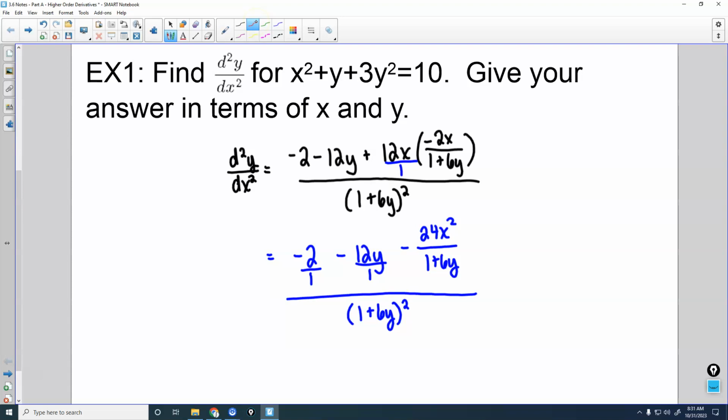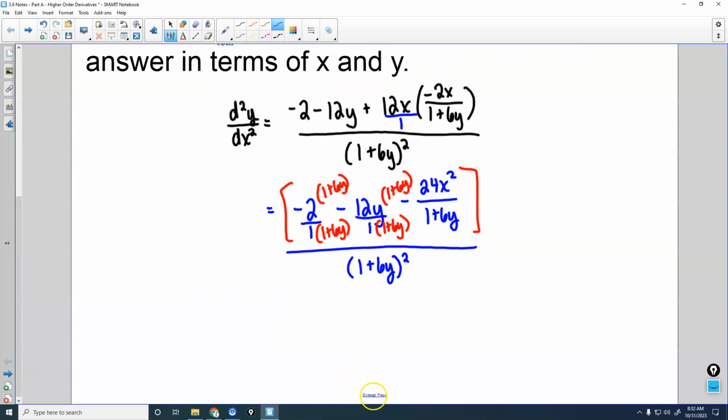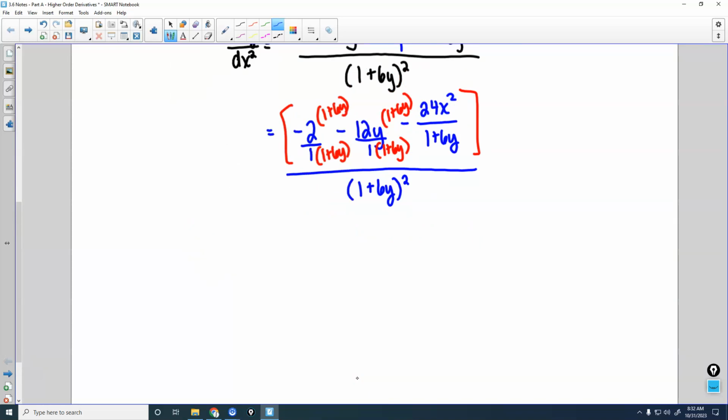So you need common denominators in that we're only really looking at the top part of this complex fraction. We want to get common denominators there, so we need a 1 plus 6y on top and bottom of this. And so I'm going to go ahead and distribute here.